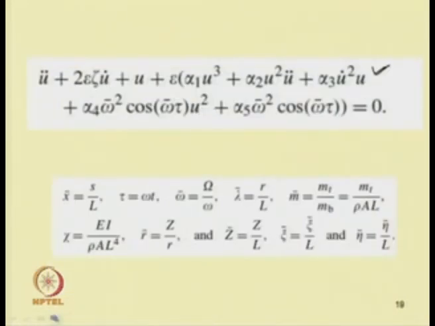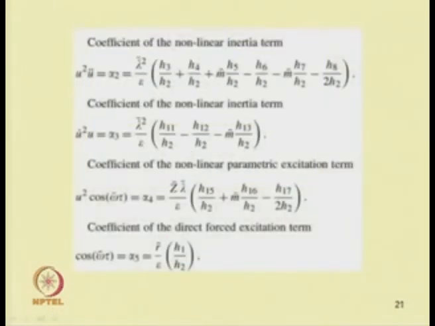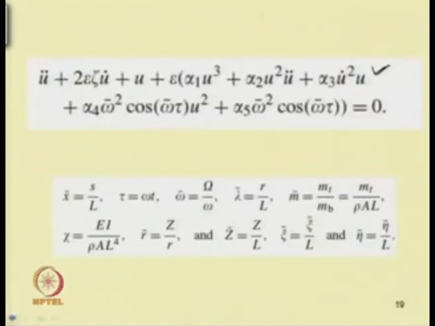After finding this temporal equation, one can see the coefficients can be written in this form. For example, in this case one has the linear term u double dot. So, this is the linear term, this is another linear term, but all these terms are nonlinear terms.